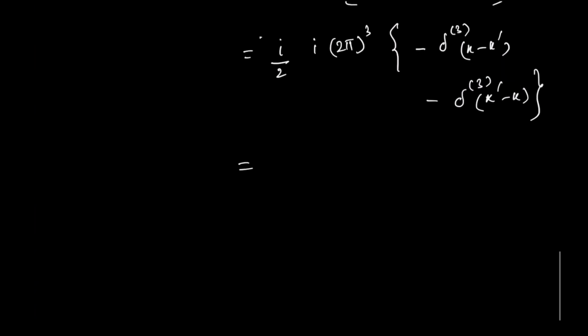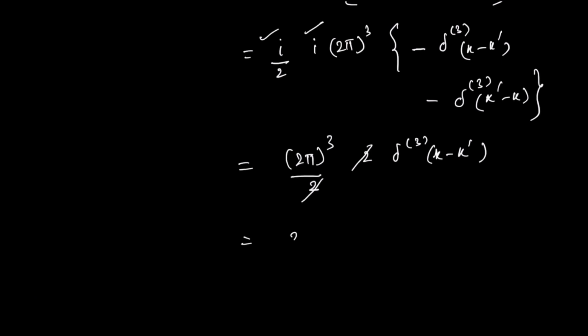So i squared is minus 1. Then there is a minus that I can take outside from the bracket, so it will be cancelled. Then 2 times delta cube (k minus k prime).